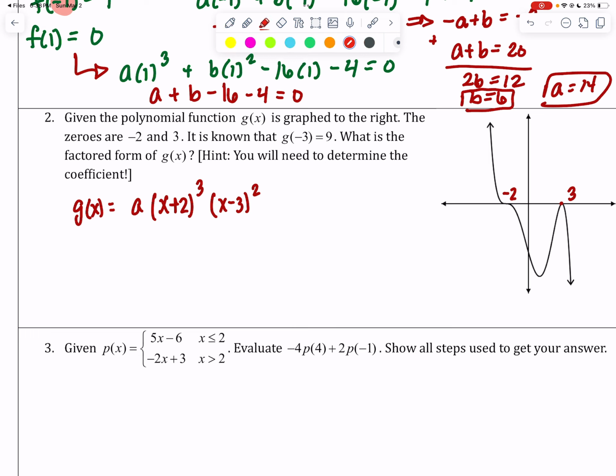Now, we also know that g of negative 3 is 9. So once again, anytime I see an x, I'm going to substitute that with a negative 3. And that is going to be equal to a y value of 9.